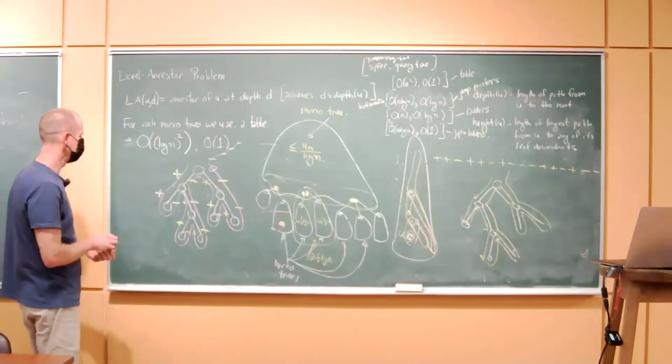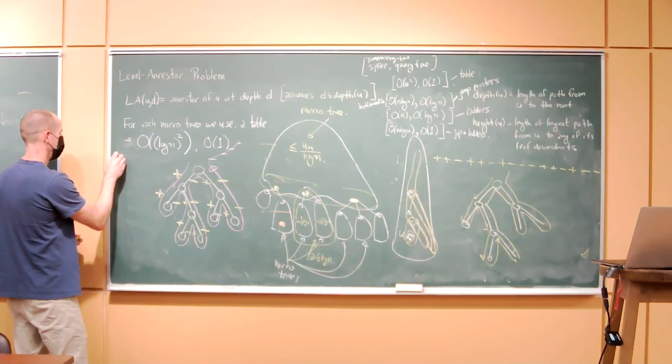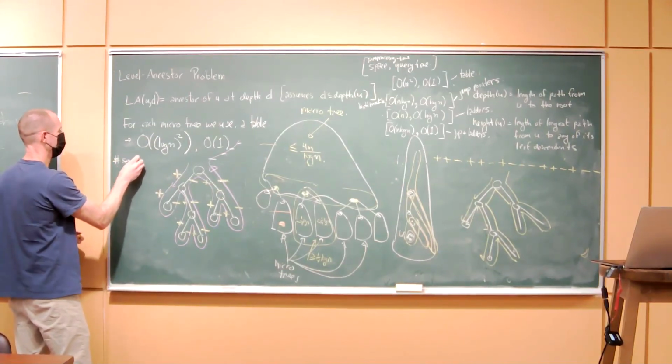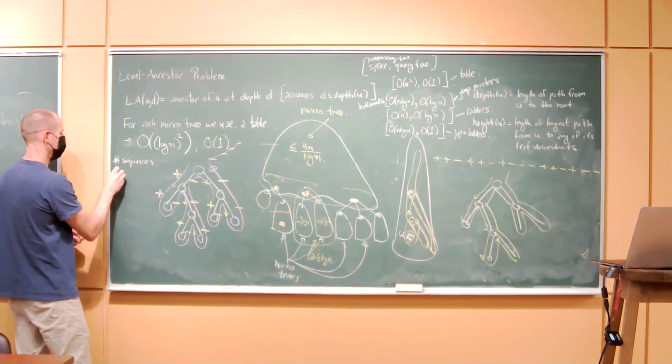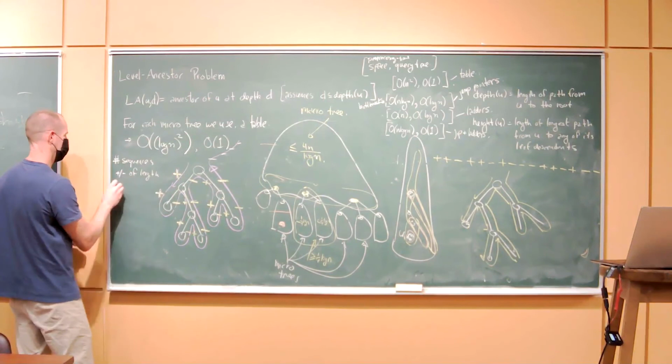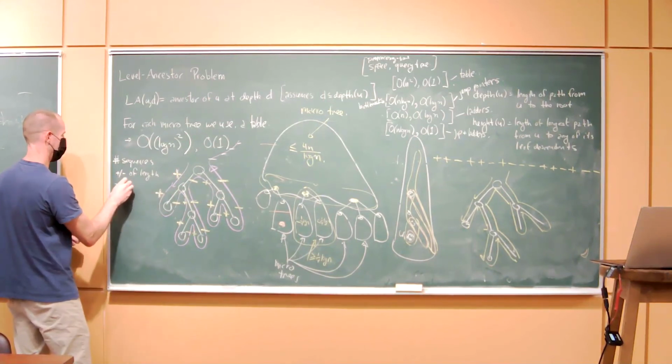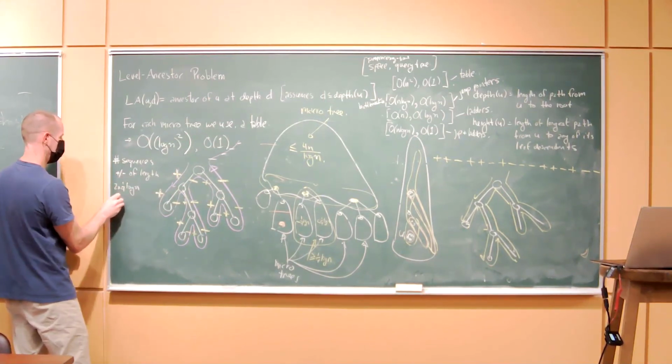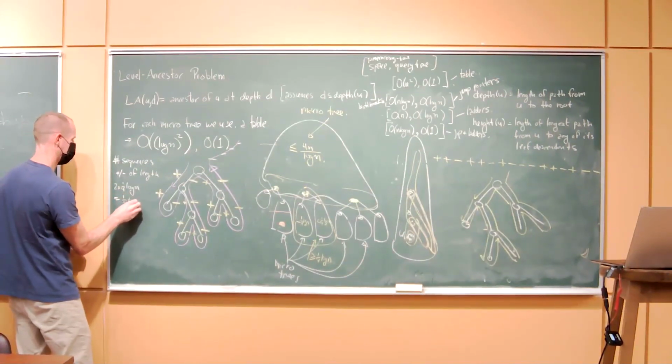These are plus-minus sequences of length 2 times 1/4 log n, which is 1/2 log n.